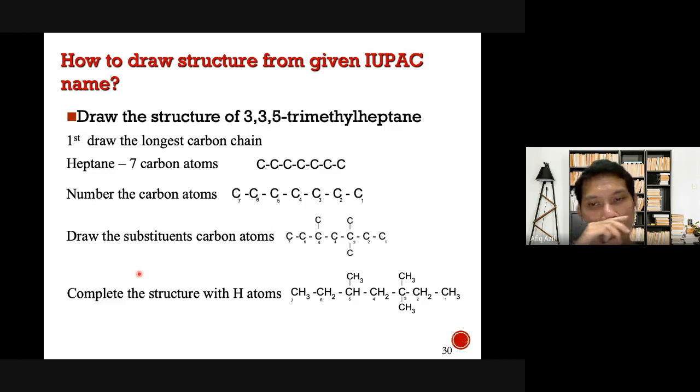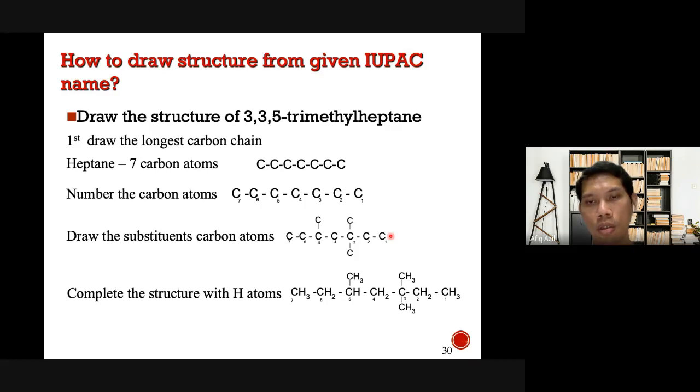Then lastly, you complete the whole structure with hydrogen atoms. Once you have something like this, you should already know that each carbon has to have 4 bonds.